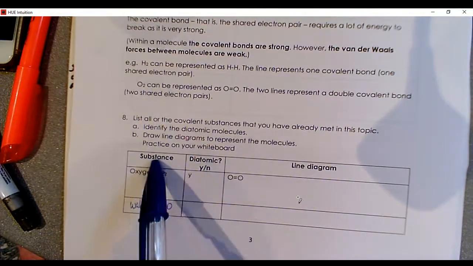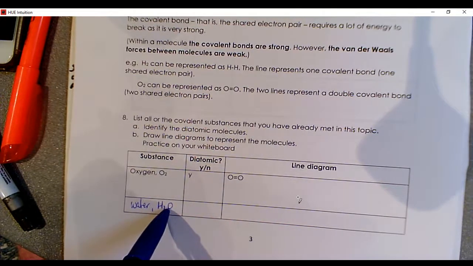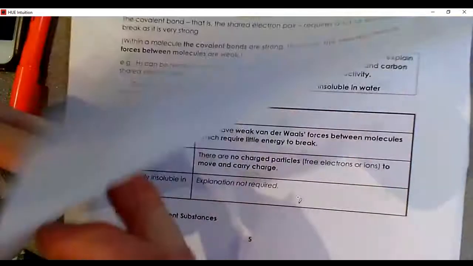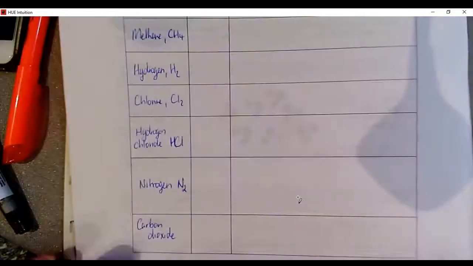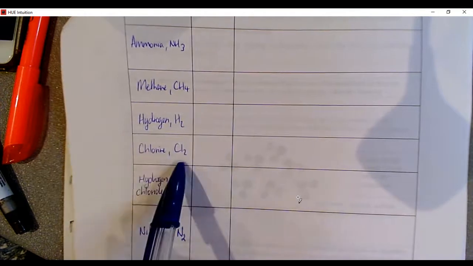So if you want to just copy these down, the next one I have in is water, which is H2O. I just did them in order of the way they were done on the videos, but you can do them in a different order. Then we've got ammonia, NH3, methane, CH4, hydrogen, H2, chlorine, Cl2.